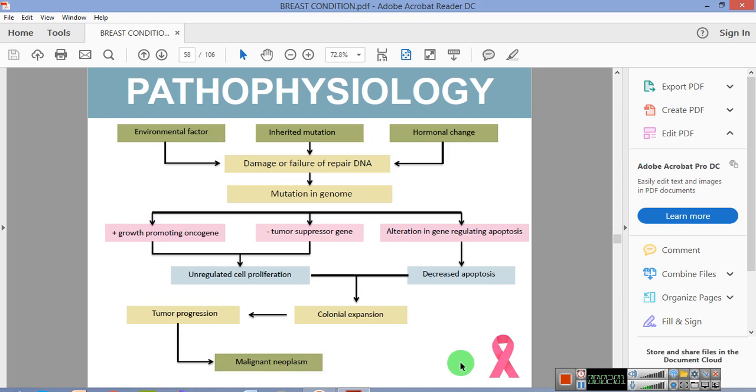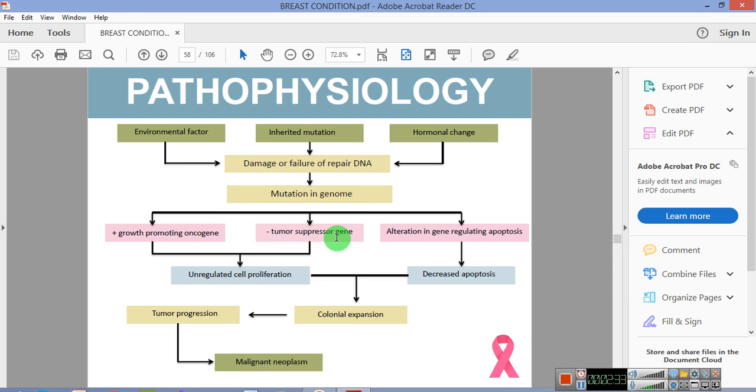Then this is the pathophysiology. Environmental factors, inherited mutation, and hormonal change may also cause damage or failure of repair of DNA. Then mutation in the genome may cause growth-promoting oncogenes promoting cell growth, especially cancer cell growth, increasing.